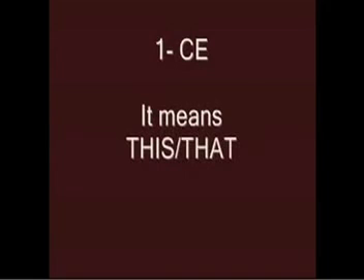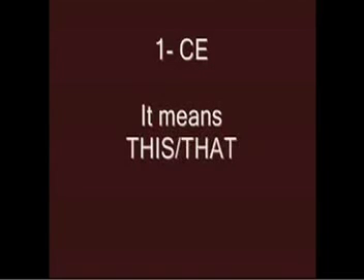Not like in English, where if I say this, there is an implication that the object might be close, or if I say that, it might imply that it is far. No, in French, if you say ce, it means this or that.